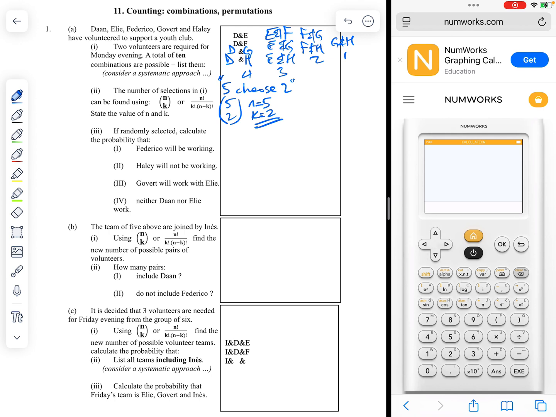Let's just use the formula to work out what that gives us. That will give us 5 factorial over 2 factorial, 5 minus 2 factorial, which will be 5 factorial over 2 factorial, 3 factorial. So if we now go to the calculator, 5, we need to go to toolbox, we need to come down till we get to probability, go across, combinatorics, we could go across again, and we want the factorial.